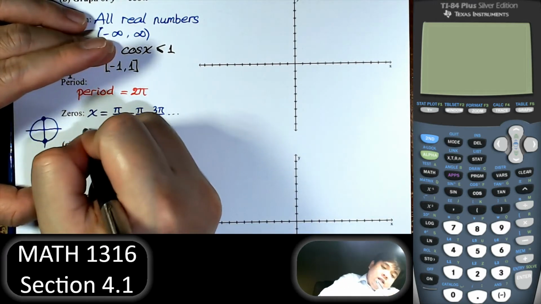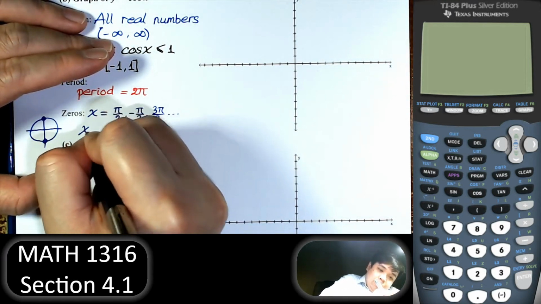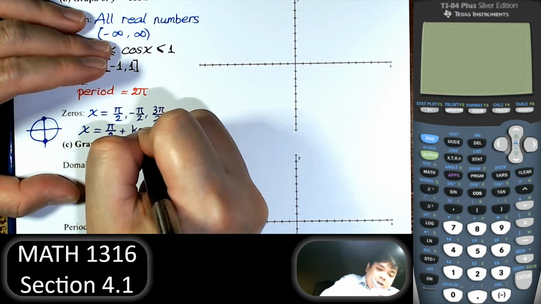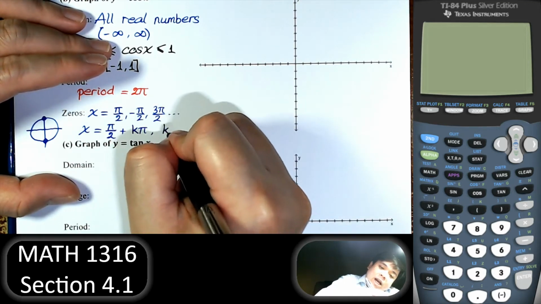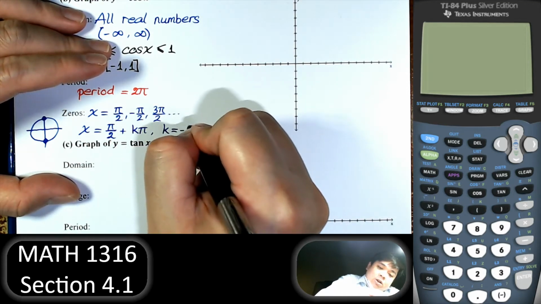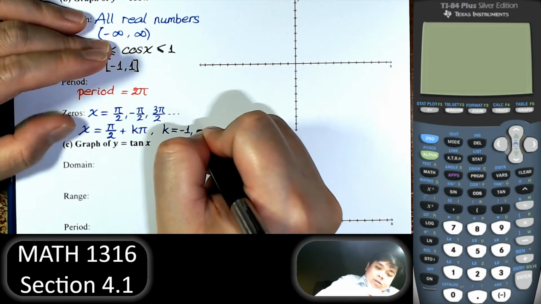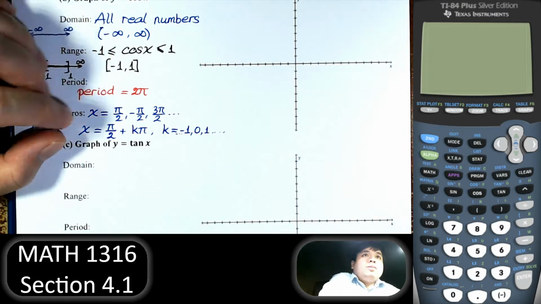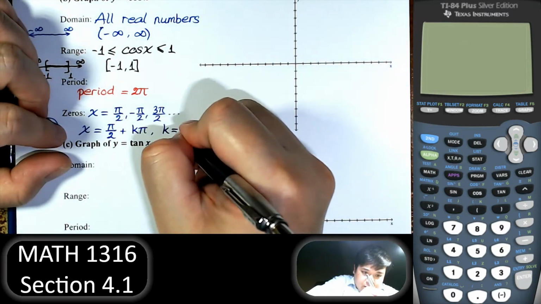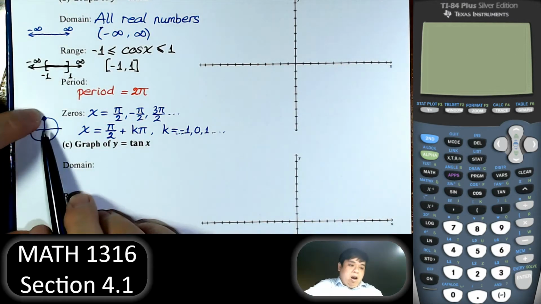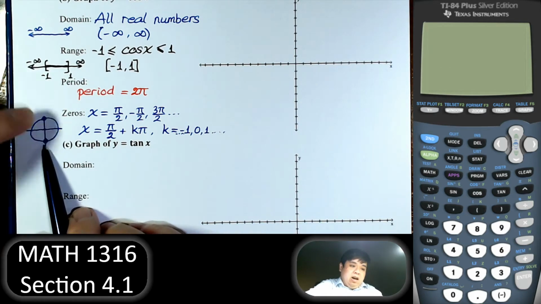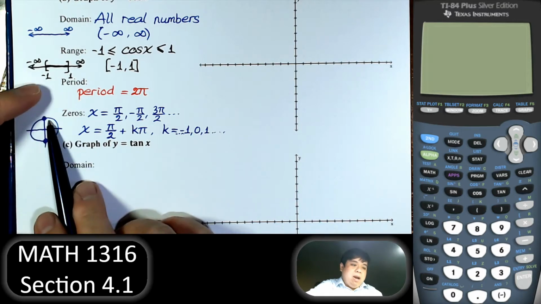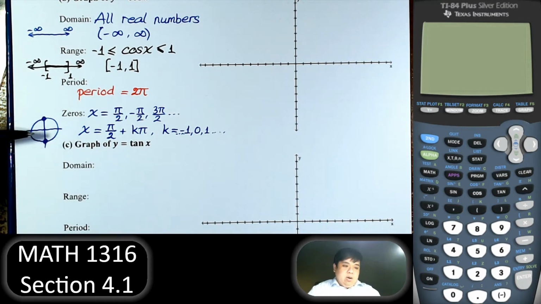So in general, we can say x equals pi over 2 plus k pi, where k can be any integer. So we take pi over 2, and then we can add a half revolution to get to this point or get back to that. So the zeros are those values.